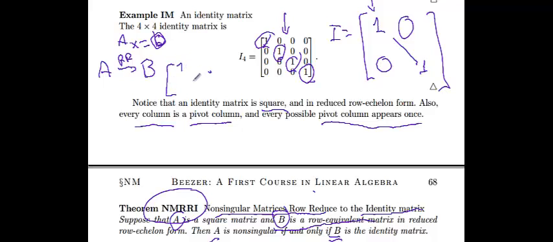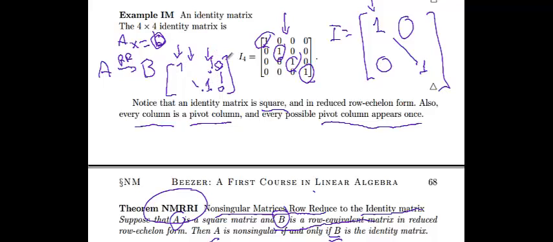Then I'm going to have 1, 1, 1, and then my last column will be zeros. From this, you can read off the solution: the first column gives the first variable, the second column gives the second variable, and so on, the last column gives the last variable. Every variable is equal to 0.